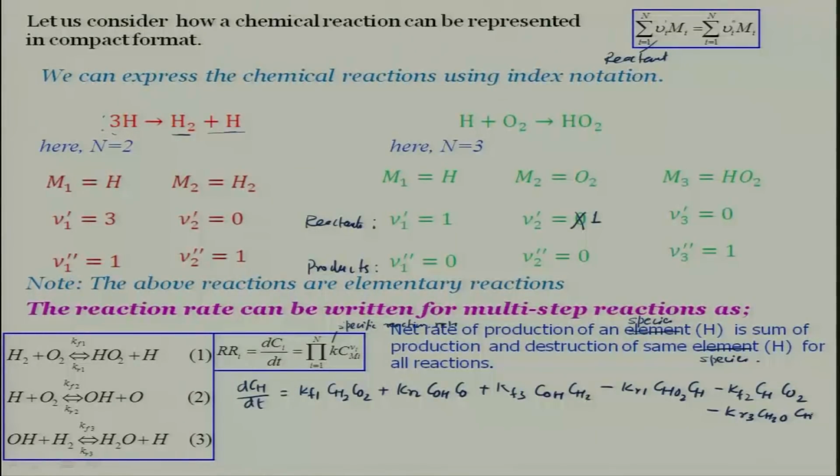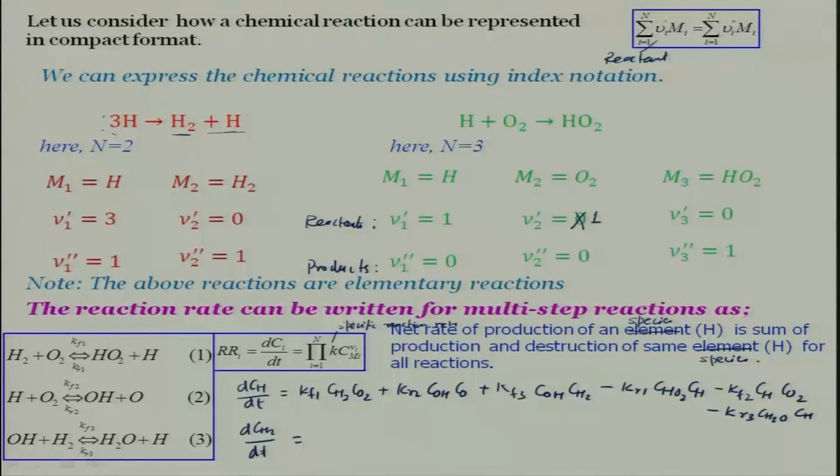So, just to make you familiar, let me consider another example of how to write it down. This is CS2 by dt. If you look, H2 is being produced in the reverse way in reaction 1.